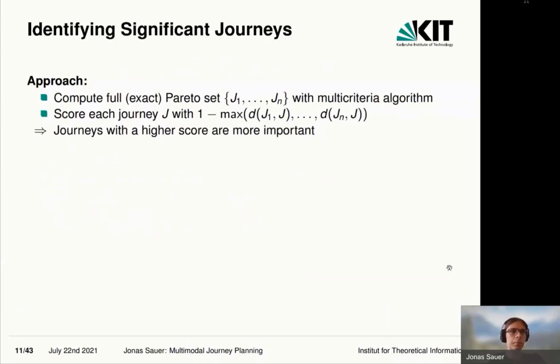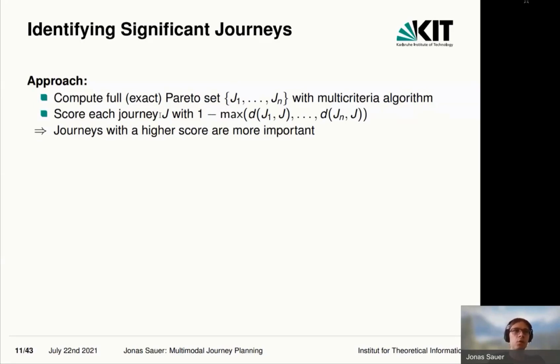Okay, so now that we have a measurement for degrees of domination, let me show you how we can identify significant solutions. The first thing we do is compute the full exact Pareto set with a multi-criteria algorithm, including all those many journeys that we want to filter out. And now we can score each journey in the set with the following score.